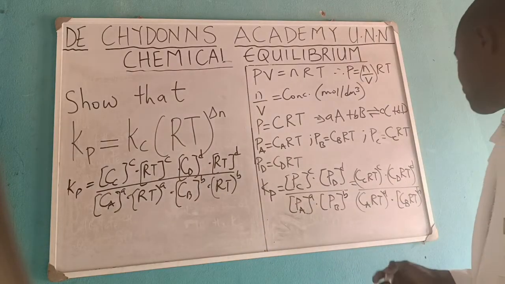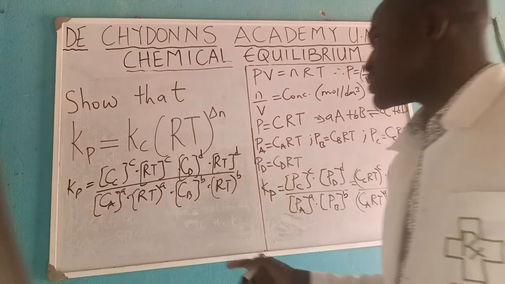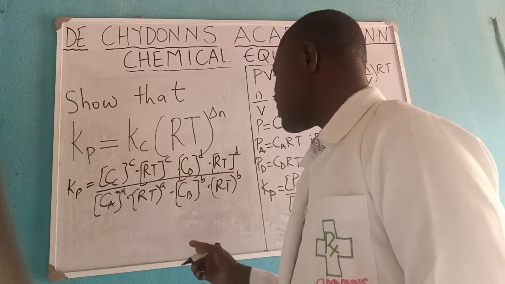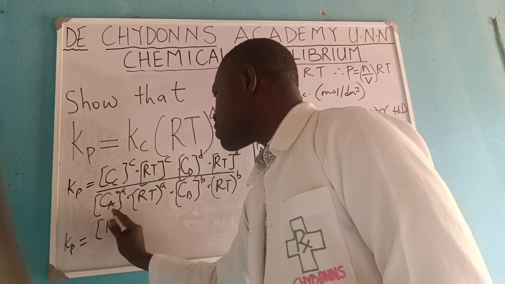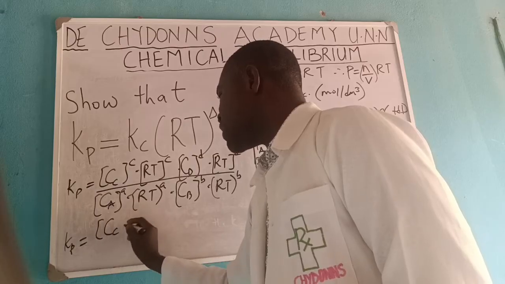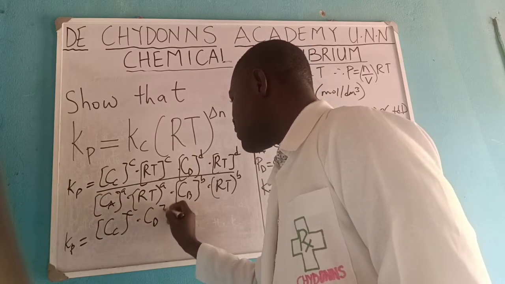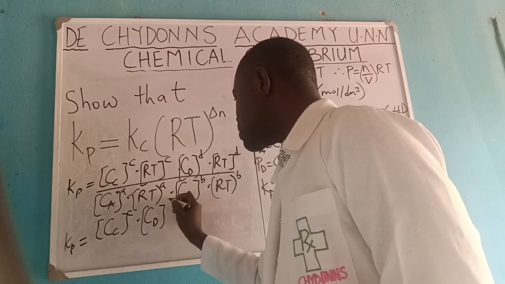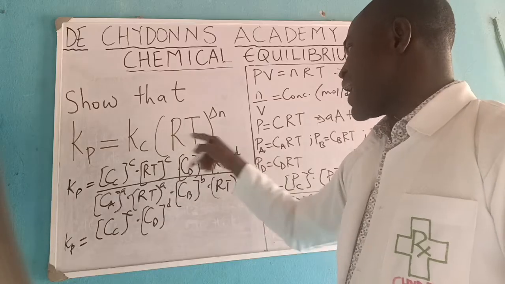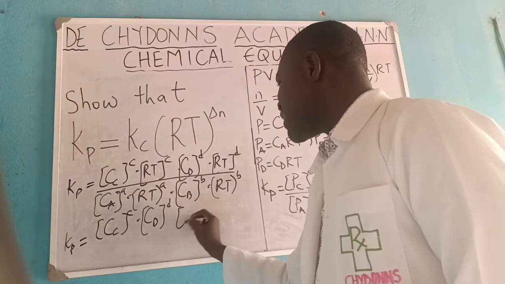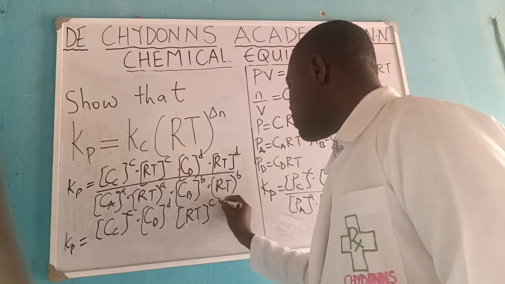Yes. Then what we now do at this point is to simplify. We'll be having our Kp equal to Cc raised to power of c, CD raised to power of d. Then these two will come up. They have a common base, so I will be adding their powers. It will be giving me c plus d.